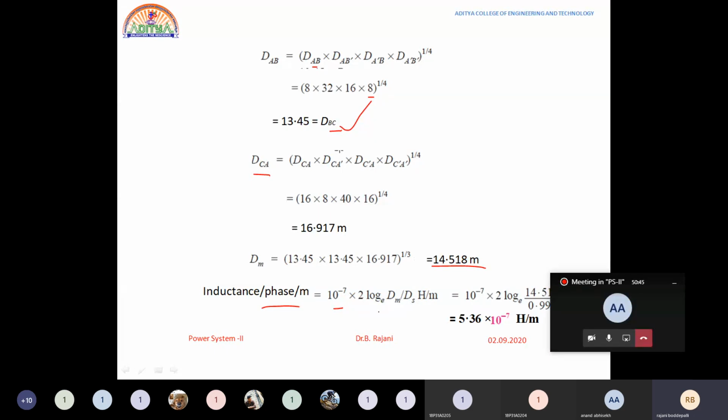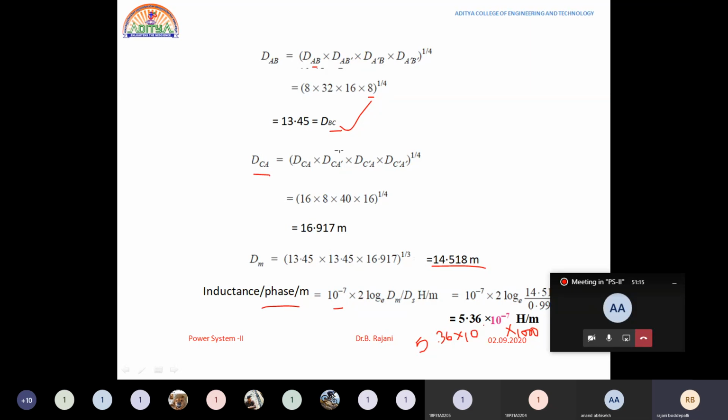If you want to change it into millihenries, whatever may be the answer into 10 to the power of minus 4, suppose you have got 5.36 into 10 to the power of minus 4, this is multiplied with 1000, what happens?